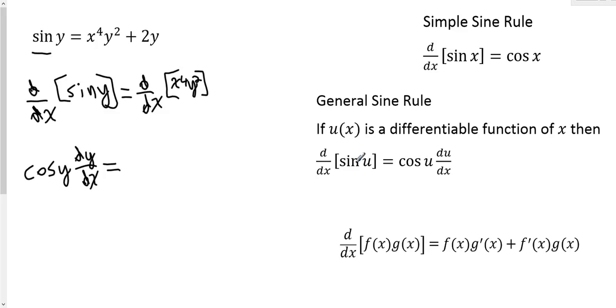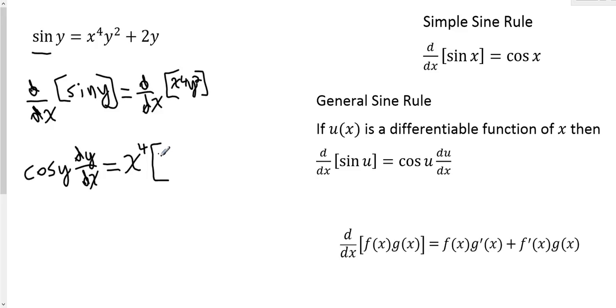For that, we're going to have to use the product rule. The first function is x to the fourth. So I'm going to take the first function, x to the fourth, and multiply by the derivative of the second function, which is the derivative of y squared. For the derivative of y squared, I'm going to have to use the general power rule that we saw on the last slide.